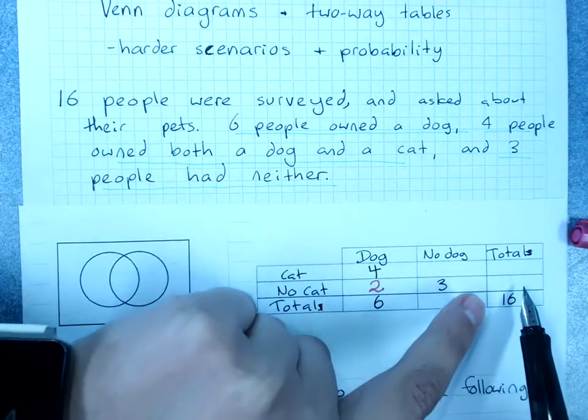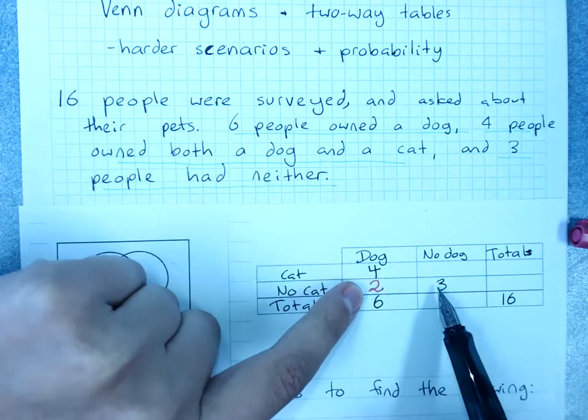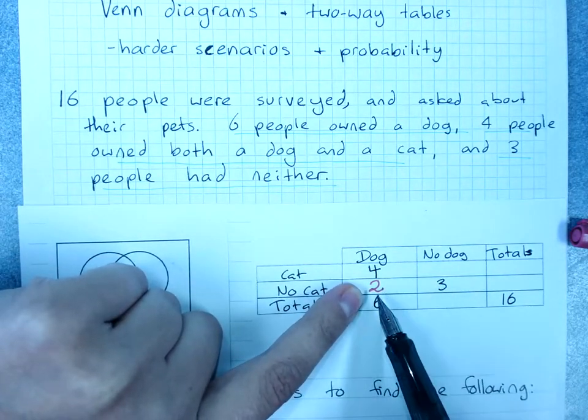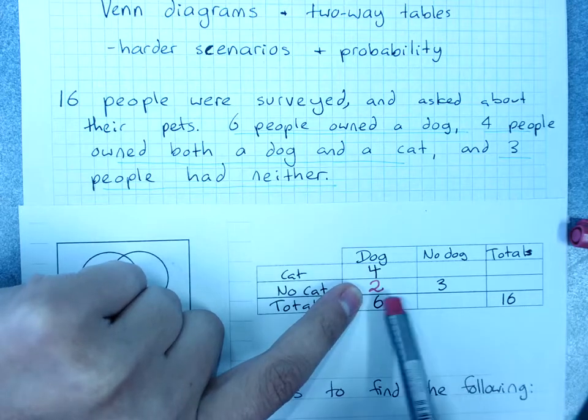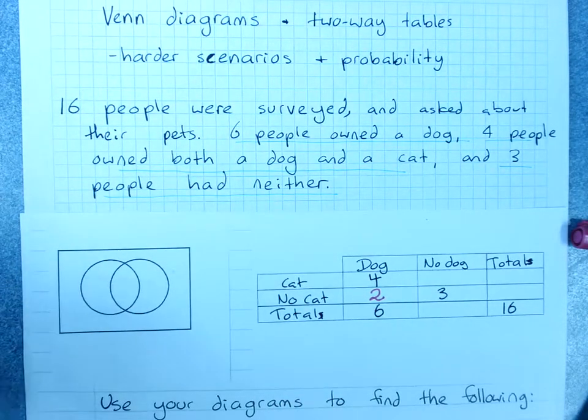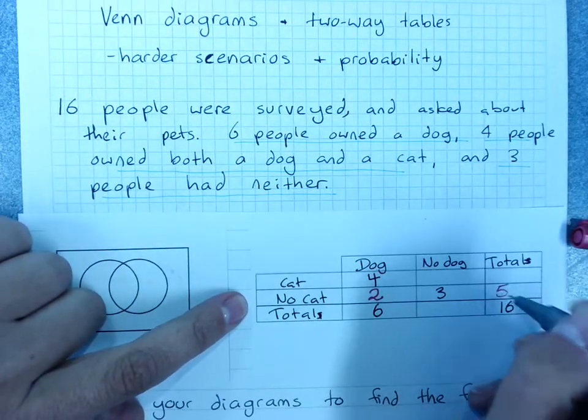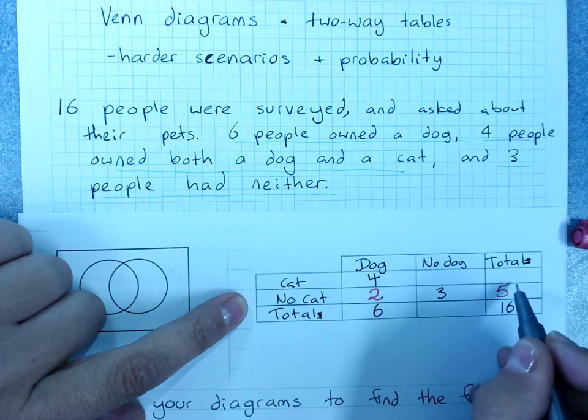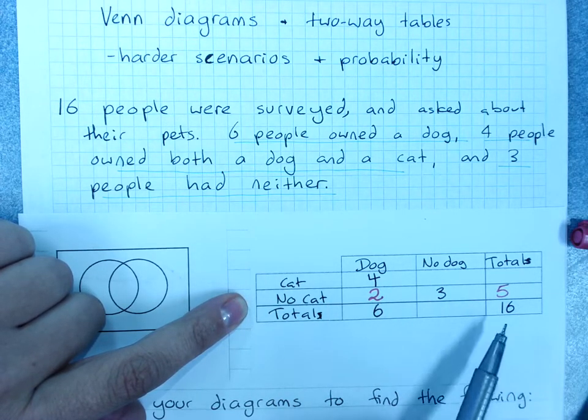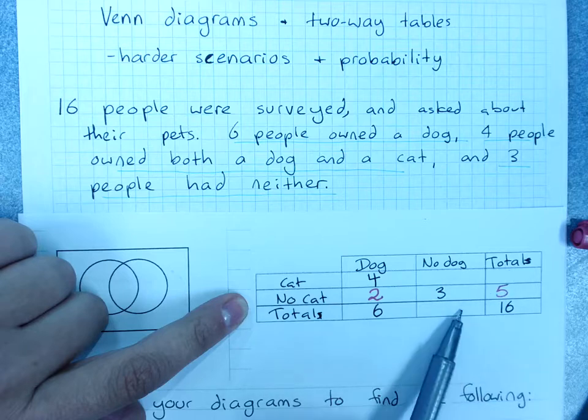If you want to get a total and you've got the 2 numbers in the row or the column, you'd have to add. So 2 plus 3 means 5 people had no cat.